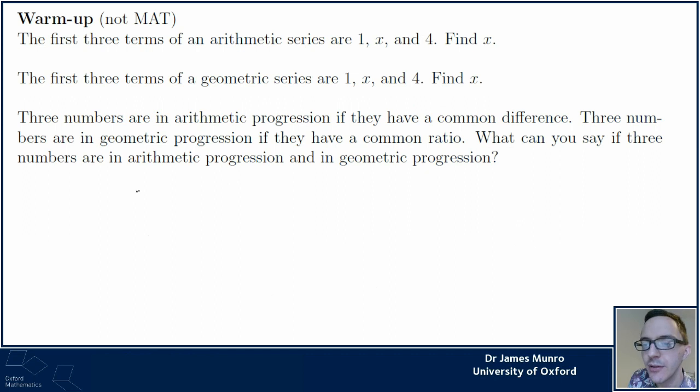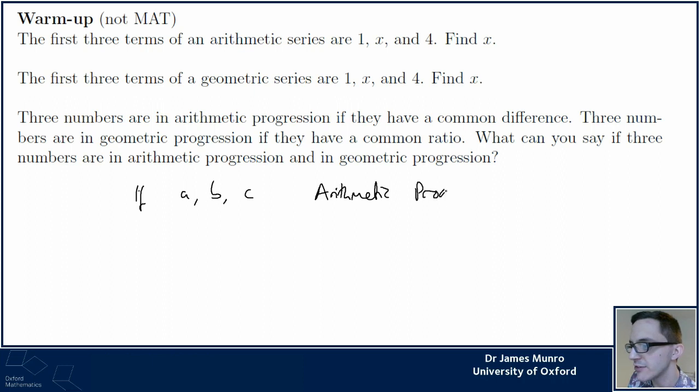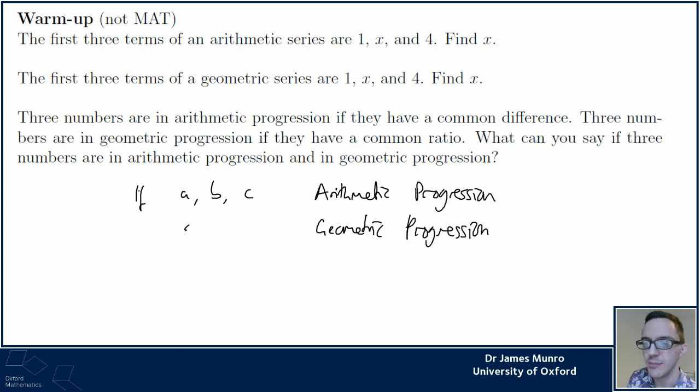So if A, B and C are an arithmetic progression, then it means that there's a common difference.